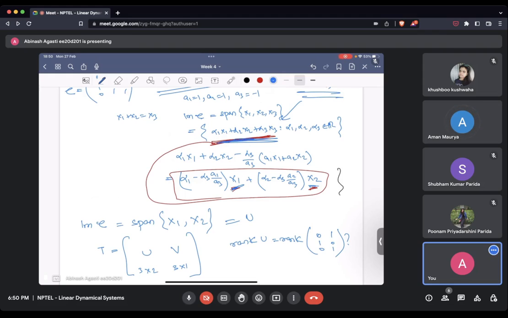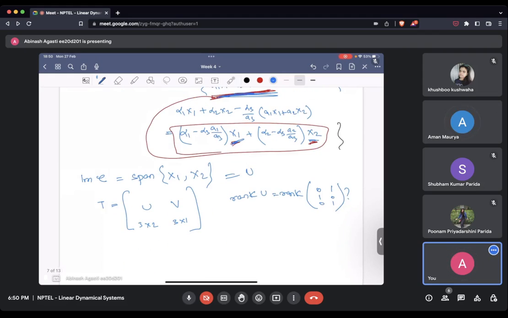Sir, yes. Rank is 2. Why? Sir, when row 2 shifts to R1, then R2 minus R3, then the R3 row becomes 0.